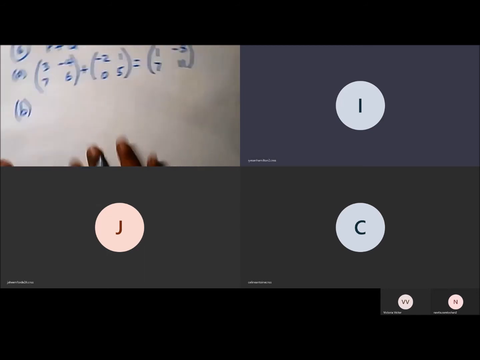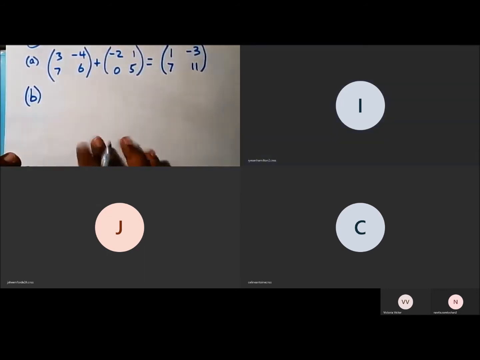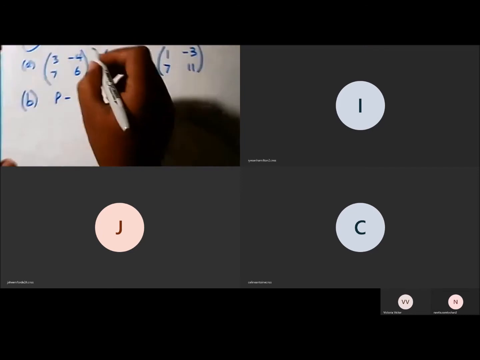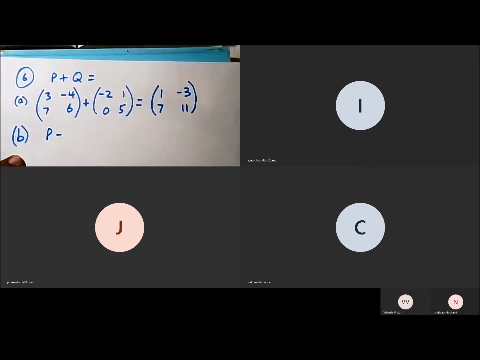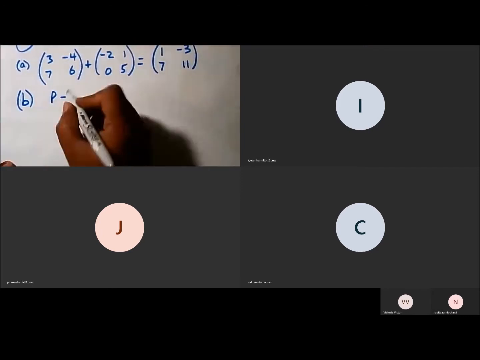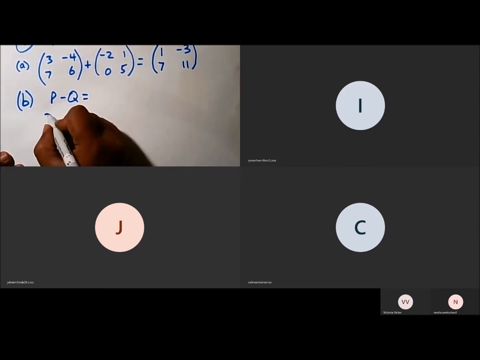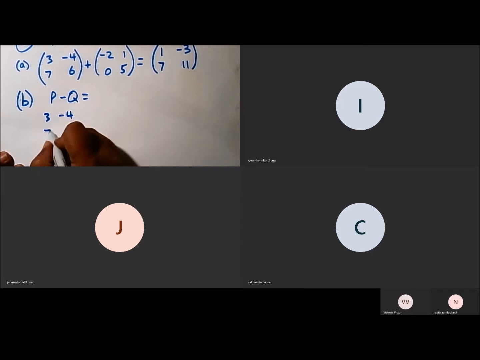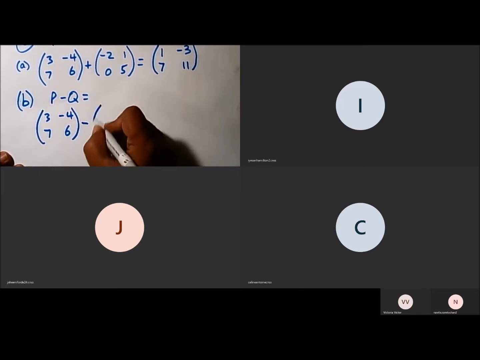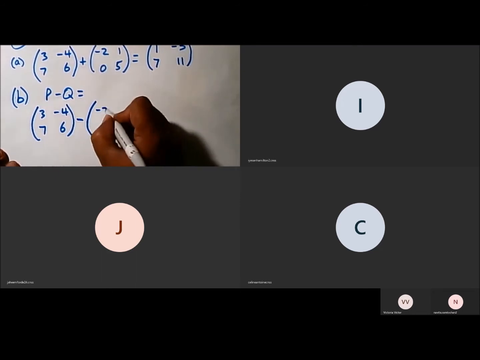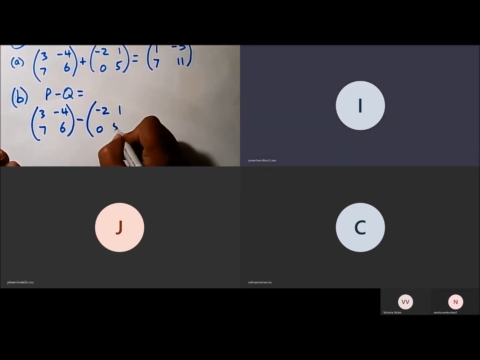Part B will be P minus Q. So P would be 3, minus 4, 7, 6 minus Q, and Q is minus 2, 1, 0, 5.